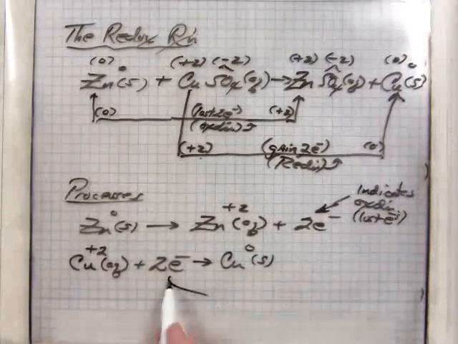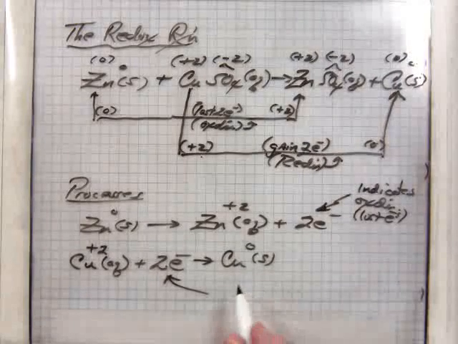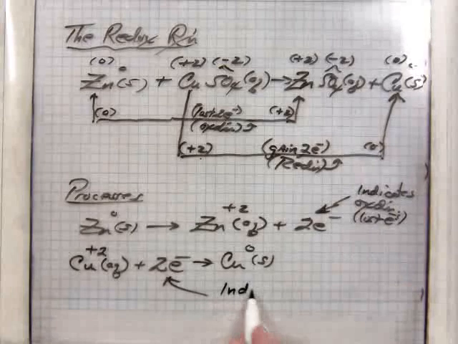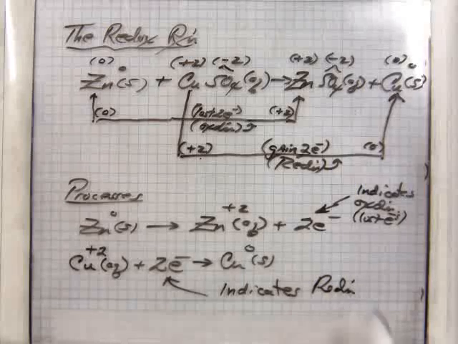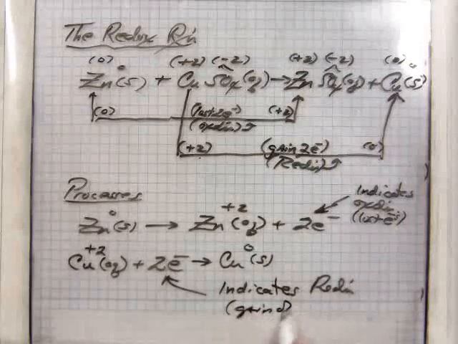And the placement of those electrons on the reactant side indicates the reduction reaction, or the gain of electrons.